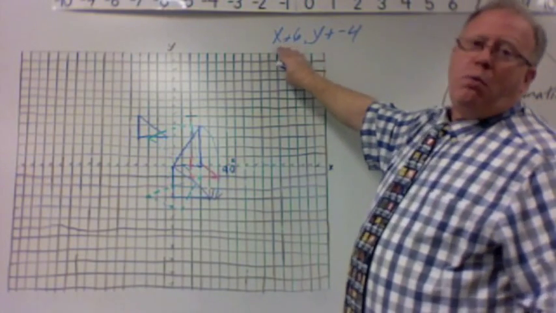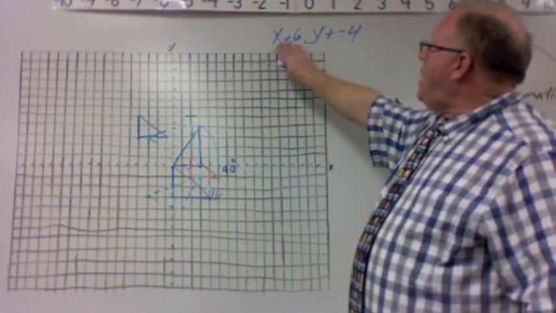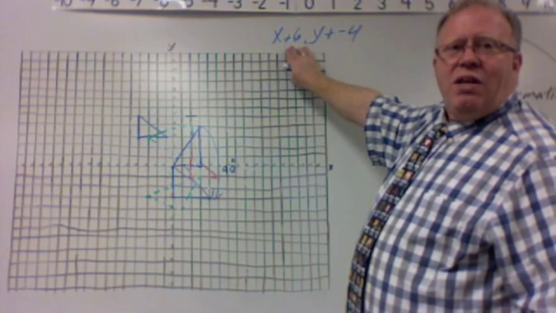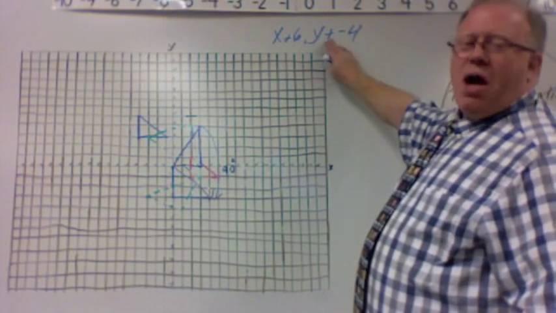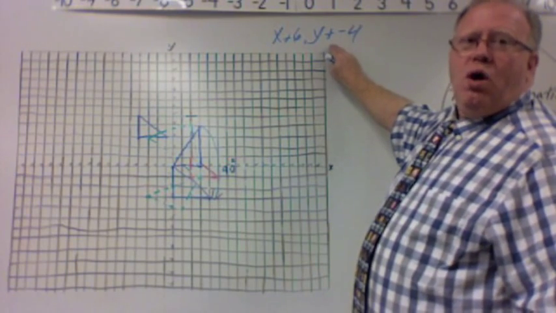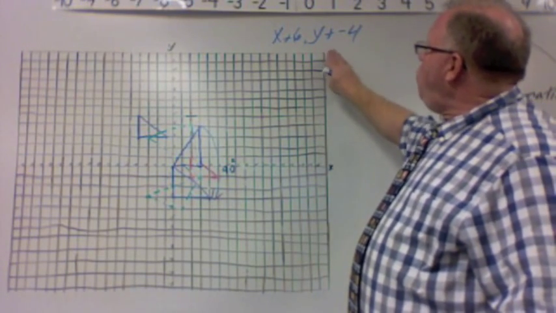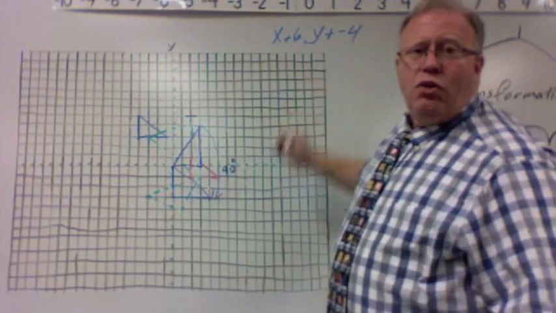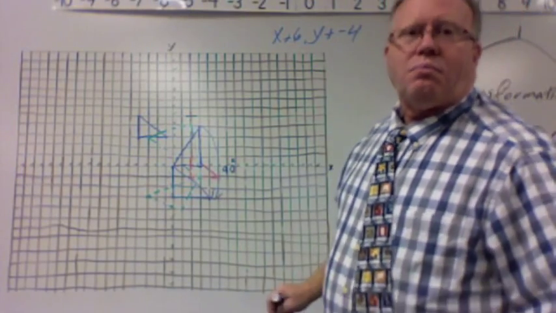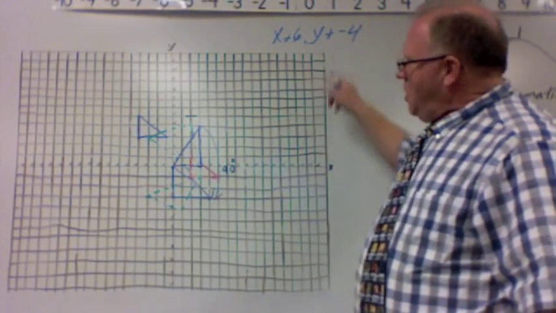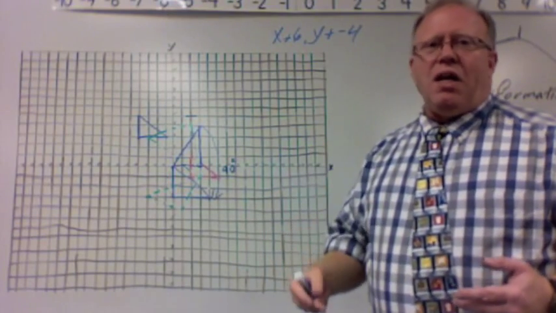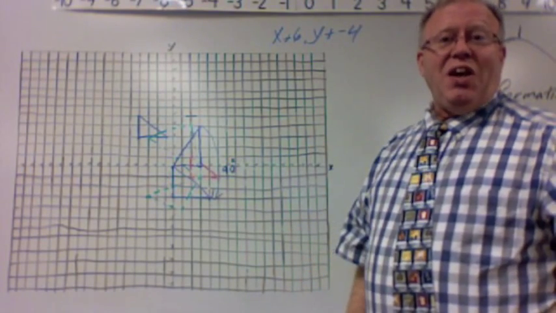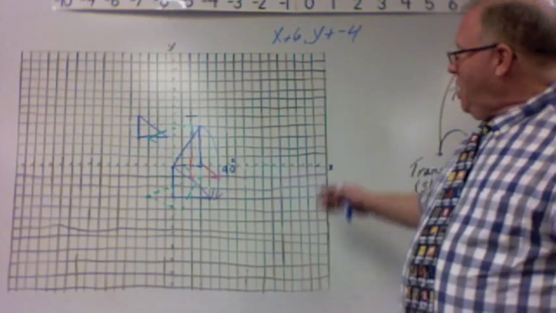Okay? Now this would be true even if it was x plus 7 and y plus 2. That just means that I would move up 2. I wouldn't move down 2. I would move up 2. Okay? So it's just plugging in those numbers and following what you see on the coordinate plane.